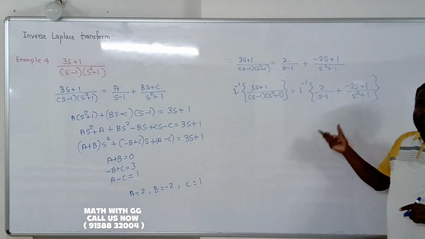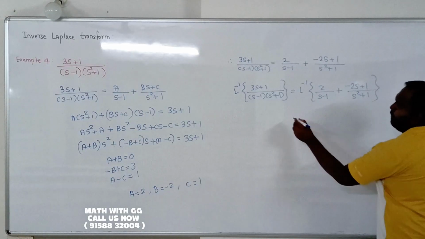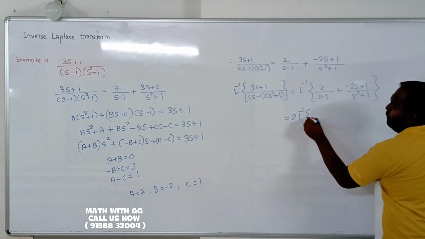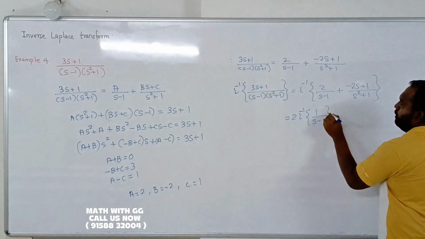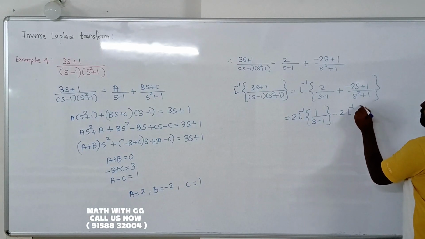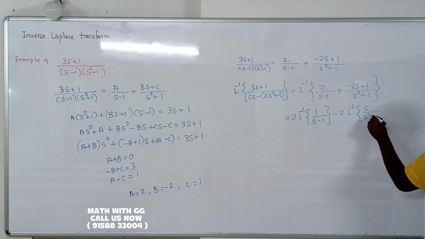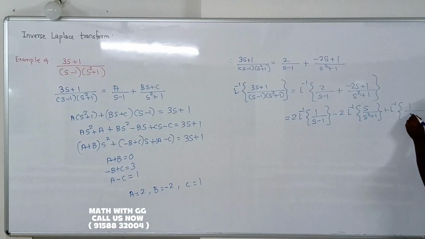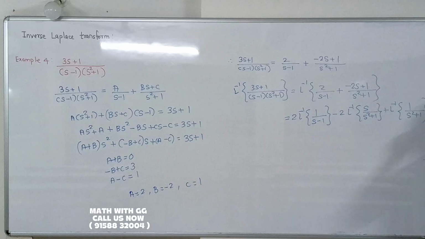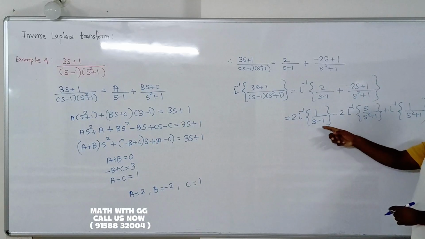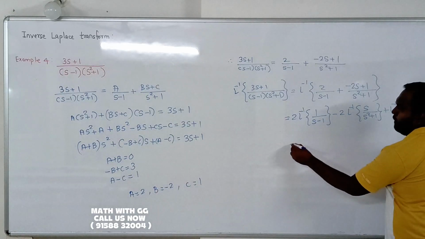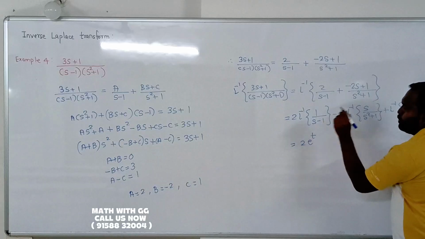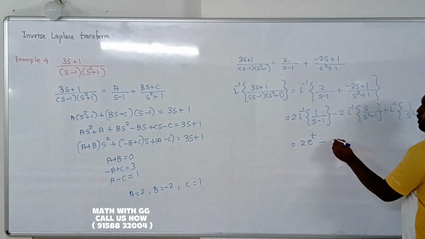Now, using the linearity property, we get 2 L inverse of 1 upon (s minus 1) minus 2 L inverse of s upon (s square plus 1) plus L inverse of 1 upon (s square plus 1). Now, using the formulae for inverse Laplace transform, we get 2 e raised to t minus 2.